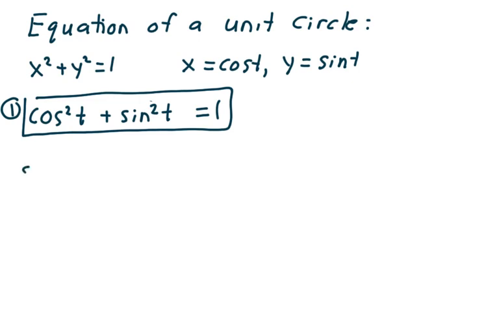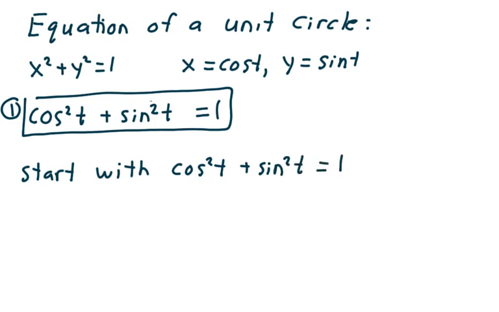Now, start with cosine squared t plus sine squared t equals 1. And what we're going to do is divide both sides by cosine squared t. And that means I divide everything by cosine squared t.